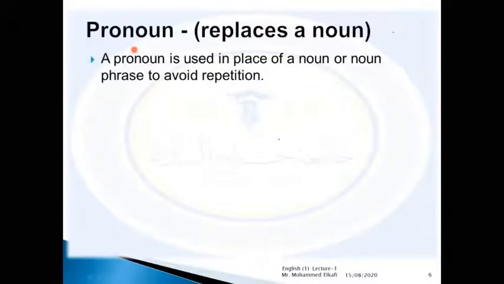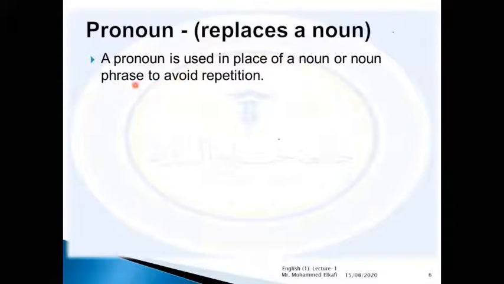As a definition, we can say a pronoun is used in place of a noun or noun phrase to avoid repetition. Here we can say a pronoun is used in place of a noun, and also a noun phrase.